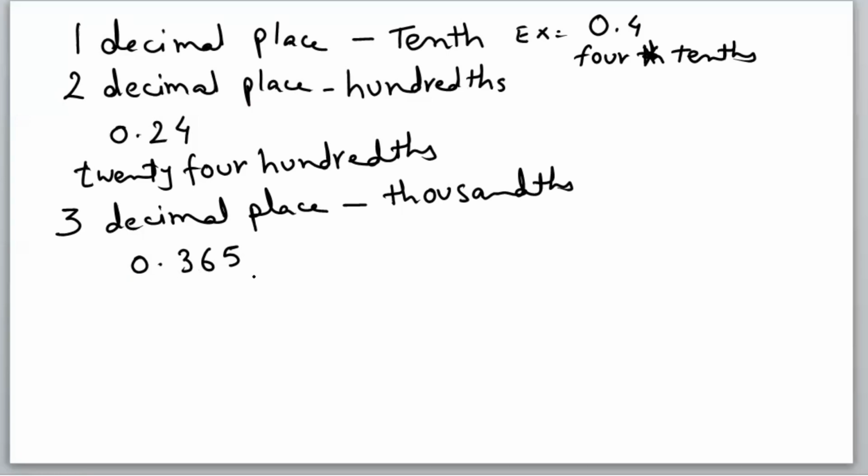So how will you write it in word form? First we simply write the number that is written, 365. And which place value do we have to add? It has three decimal places, so it will be thousandths.